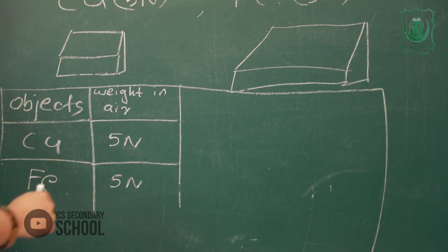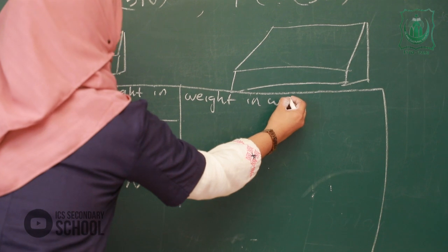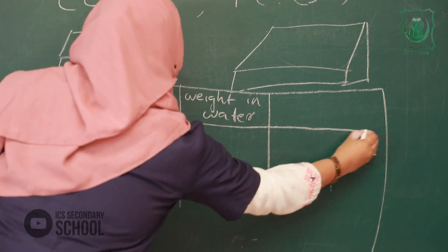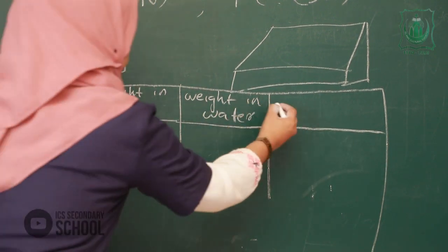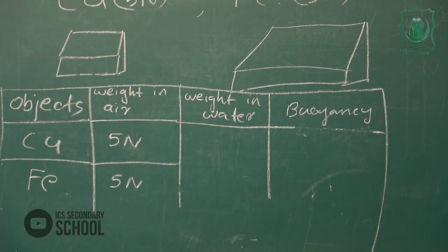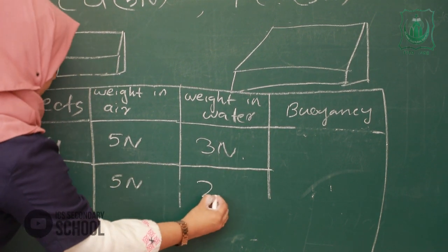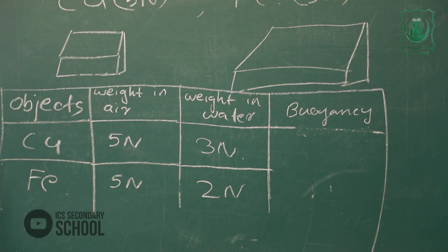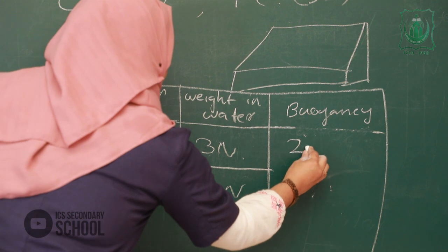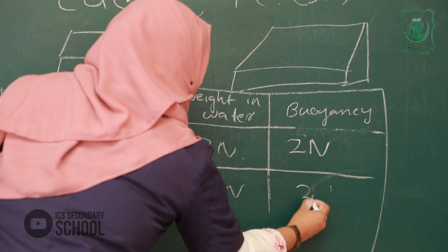But weight in water, and last, buoyancy. Yes, weight in water is 3 Newton for copper and 2 Newton for iron. So, what is the buoyancy of copper? 5 minus 3, what? Yes, 2 Newton. Buoyancy of iron, 5 minus 2, that is 3 Newton.